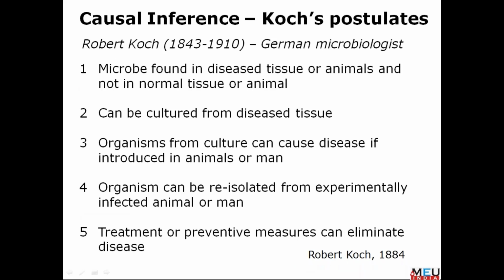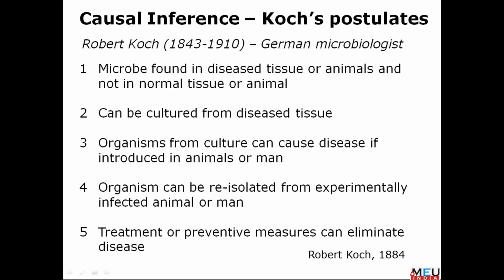Then come the Koch postulates, which most of us are already familiar with. Dr. Koch was a German microbiologist who found that microbes are found in diseased tissue of animals and not in normal tissue. They could be cultured from diseased tissue. The organisms from culture could cause disease if introduced in animals or man.